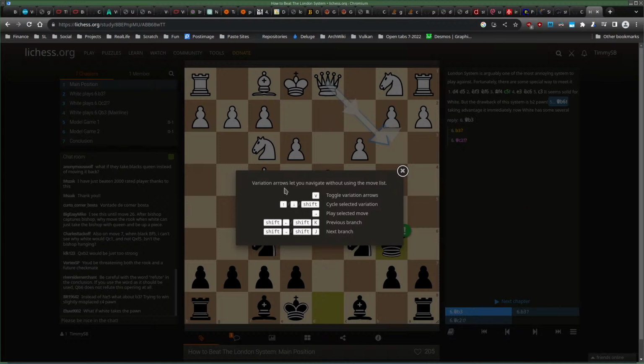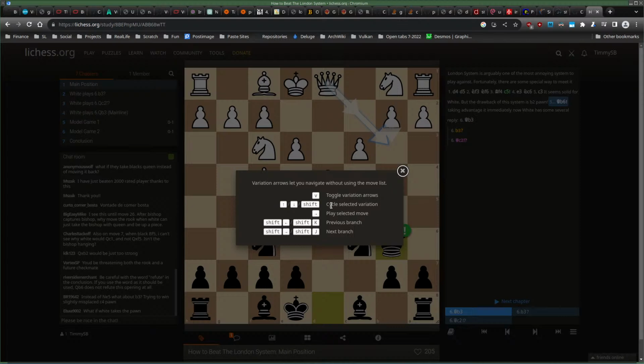Variation arrows let you navigate without using the move list. Toggle variation arrows. Cycle selected variation. Play selected move. Previous branch, next branch. How am I supposed to remember all that? V is variation. Up down is cycle variation.